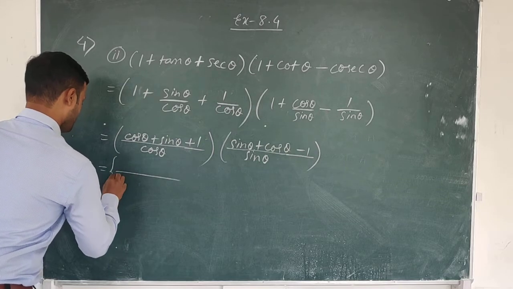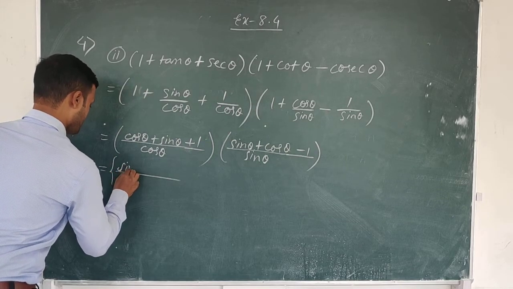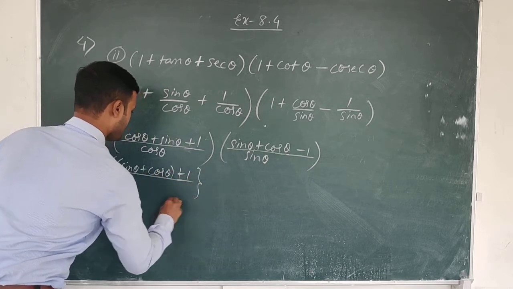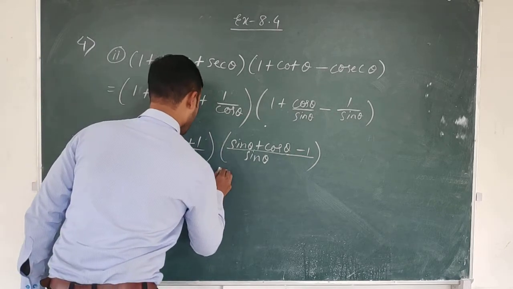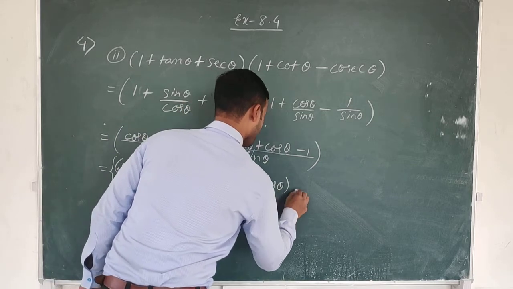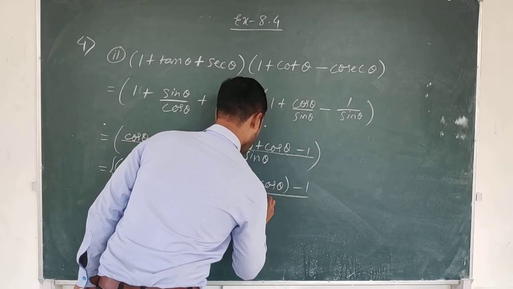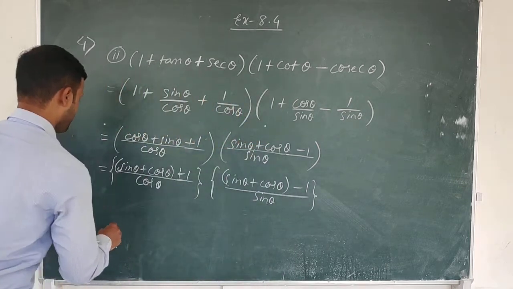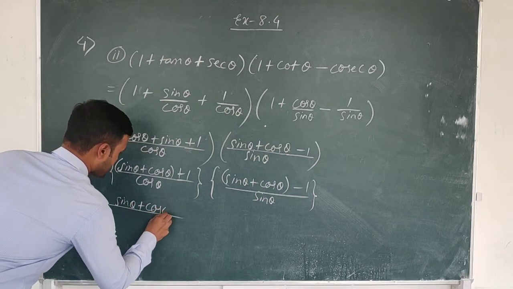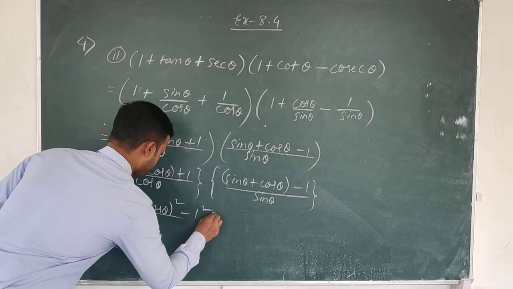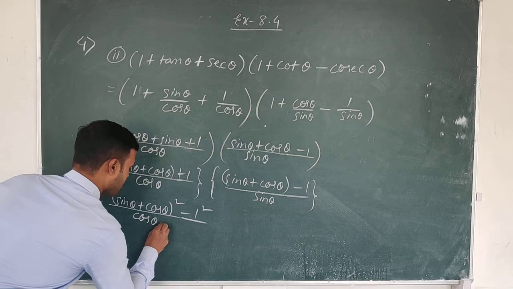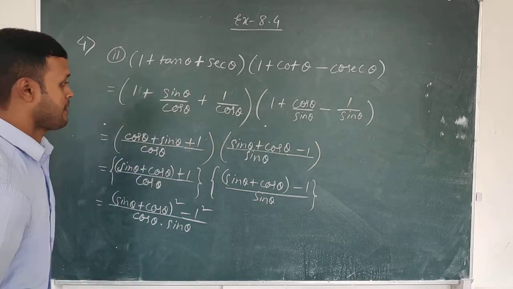So sin theta plus cos theta plus 1 and below cos theta, and here sin theta plus cos theta minus 1 below sin theta. Okay, so see sin theta plus cos theta whole square minus 1 square below cos theta into sin theta.